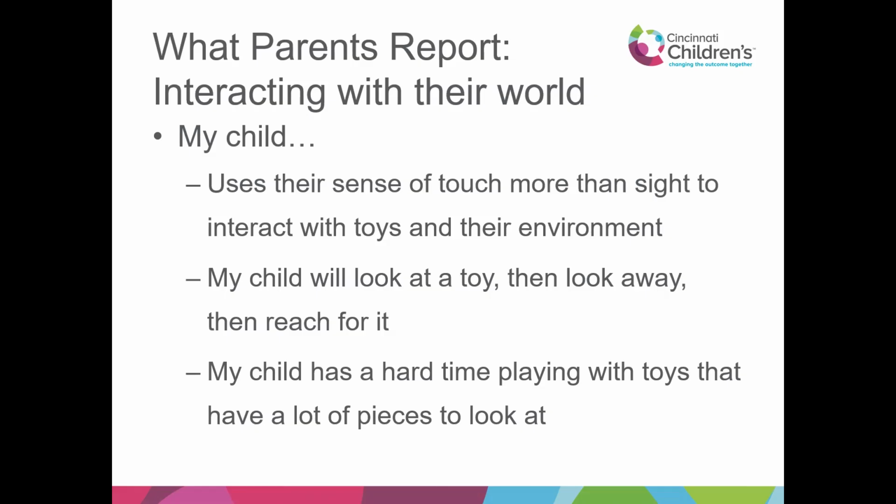Being tasked to use their vision and move their muscles to reach and access a toy at the same time can be challenging, because the motor demands are high, but also the visual attention and looking demands are high. So they may look to find it, then look away, and then reach to where they think the toy was based off their looking. But sometimes pairing that together can be challenging.